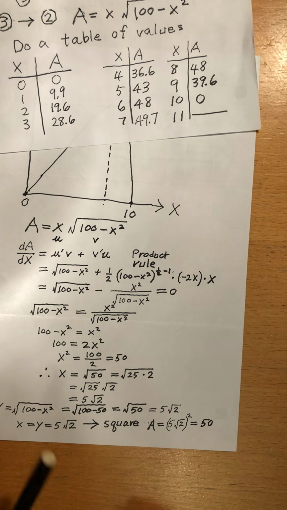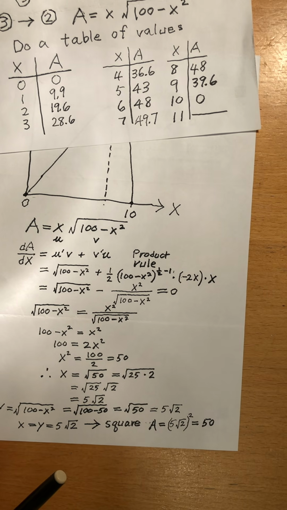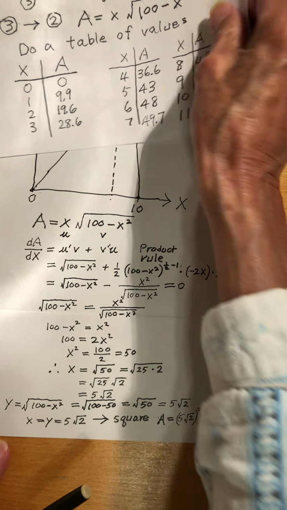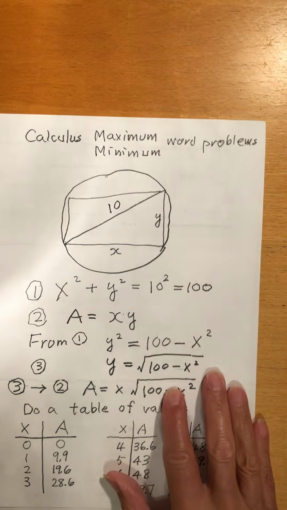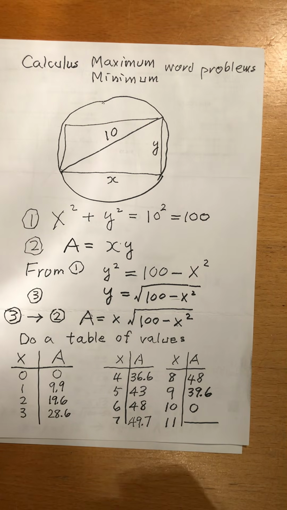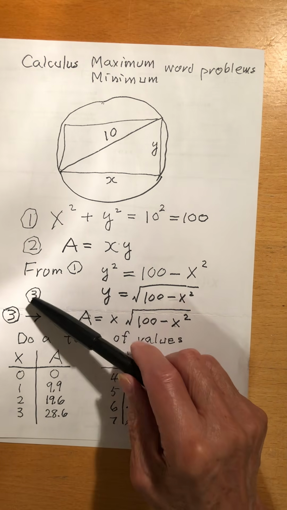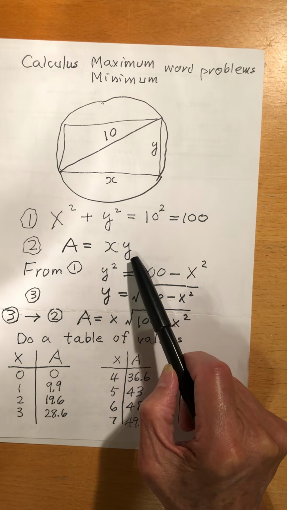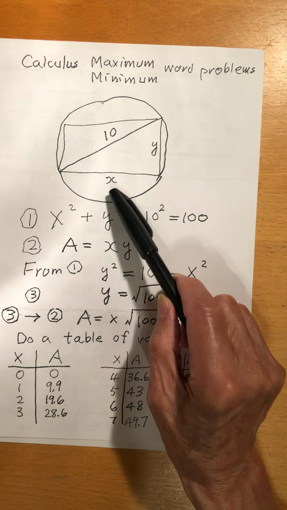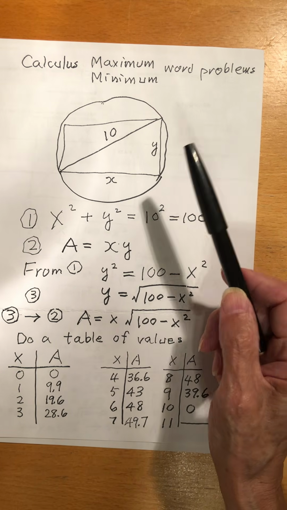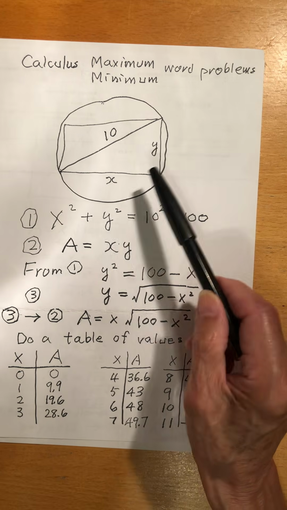I have shown you every step in detail, so I hope you follow that. Let's make a summary of this. If you have the question, first of all, you write what you want to maximize. In this question, it's the area we want to maximize. It is best to draw a diagram first, draw a sketch first.